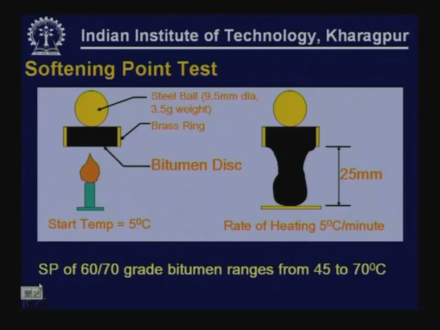The ball starts moving down as the bitumen becomes softer. Once the ball moves by a distance of about 25 millimeters, the temperature at that point, this is the defined condition of consistency that we are talking about. The rate of heating is 5 degrees per minute. The temperature that is attained at that condition is the softening point of bitumen. Typically, the softening point of a 60-70 grade bitumen ranges from about 45 to 70 degrees centigrade.